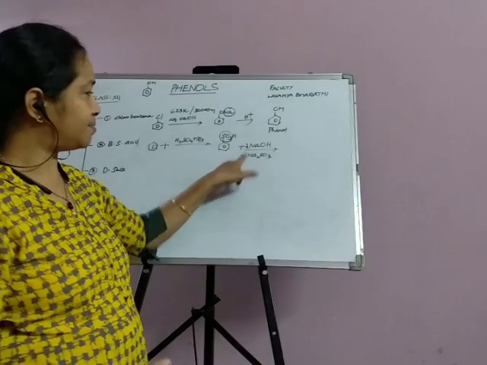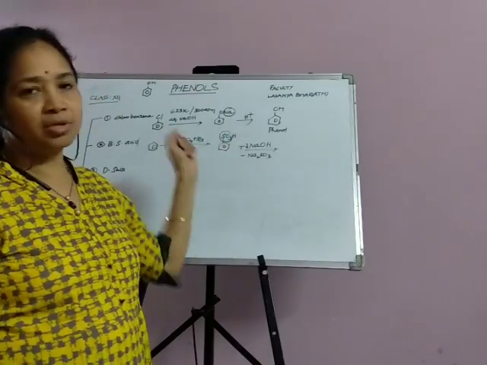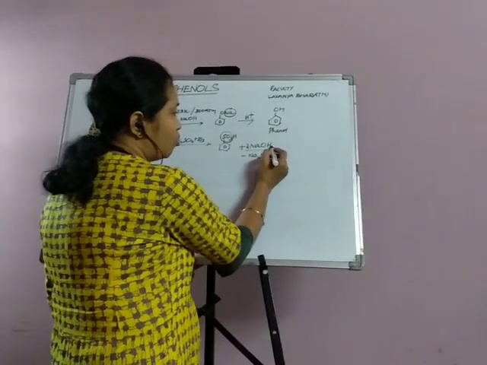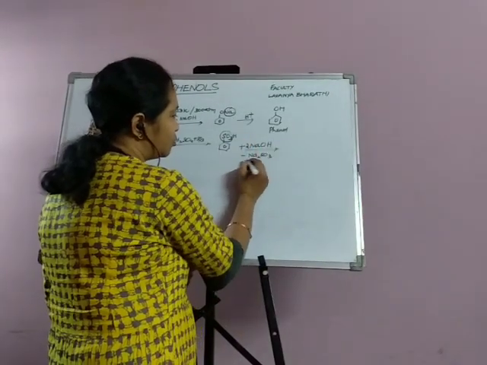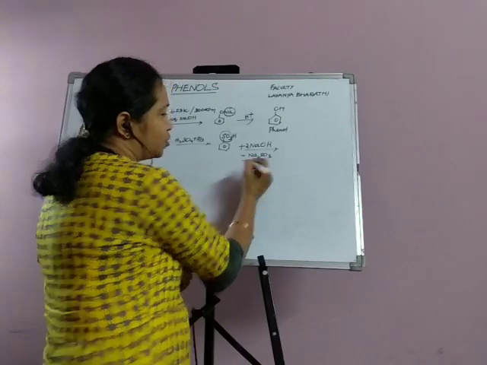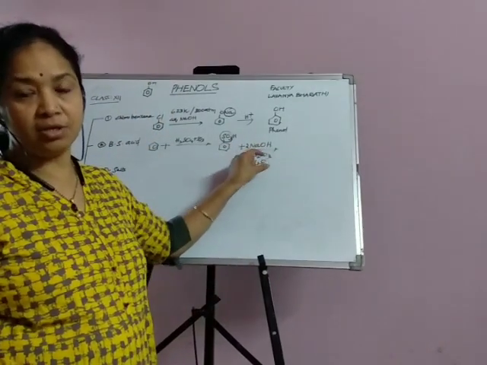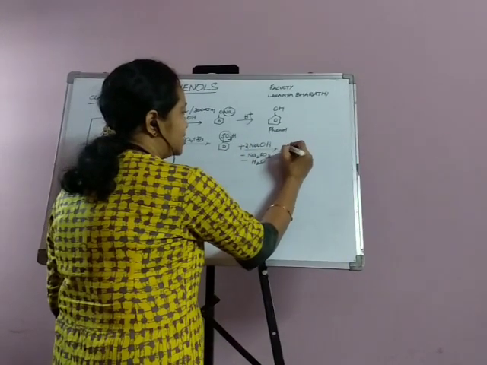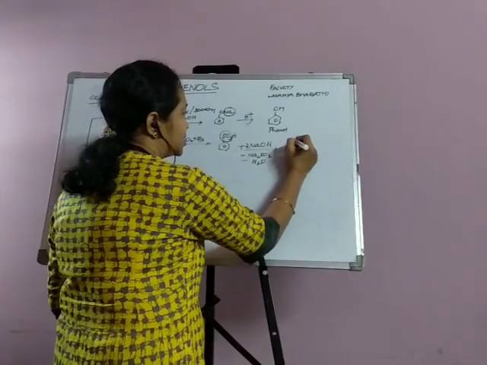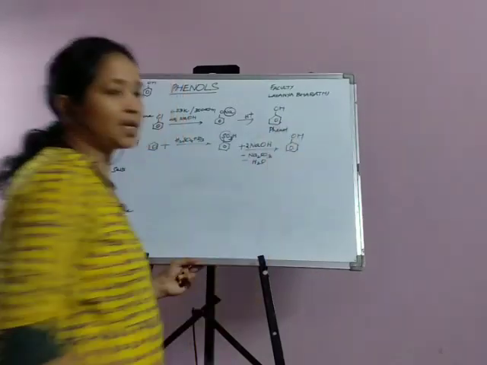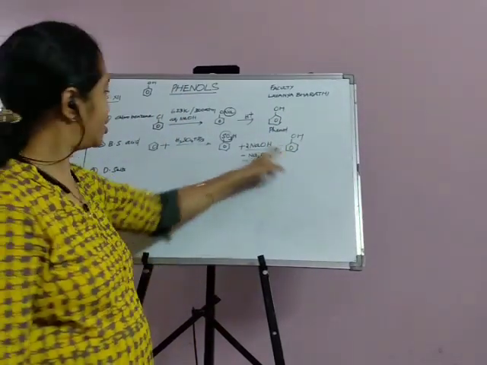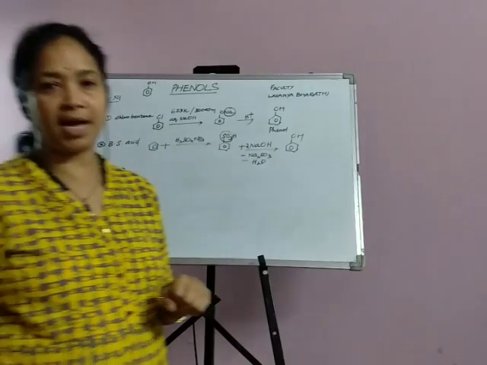To make you understand, this SO3 is removed in the form of sodium sulfite. And there are 2 OH groups, and one of the OH groups takes this and minus H2O. These are the eliminated compounds, and then it results in OH, phenol. So we can synthesize phenol with the help of benzene sulfonic acid.